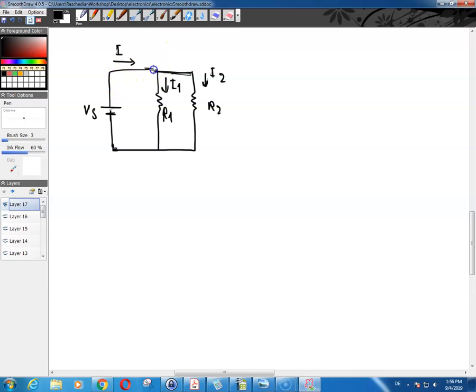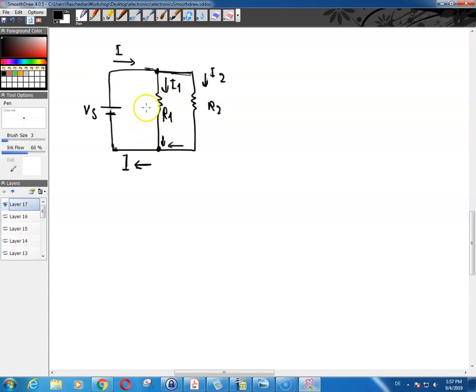And when this I gets to this point, it becomes I1 and I2 in 2 branches, and then they come over here, and at this point they join together again to create I. So I is going in this direction.